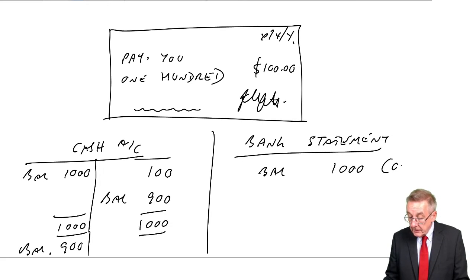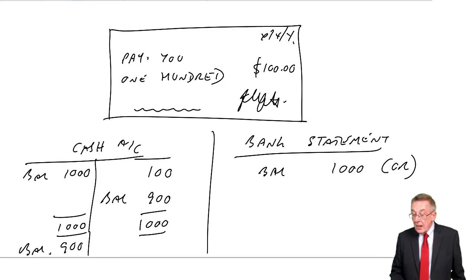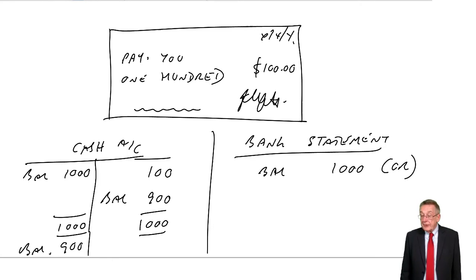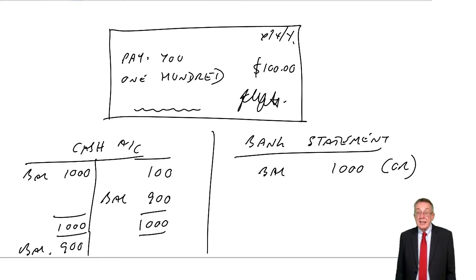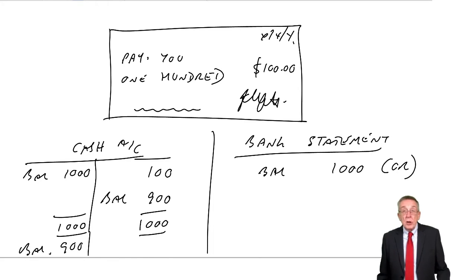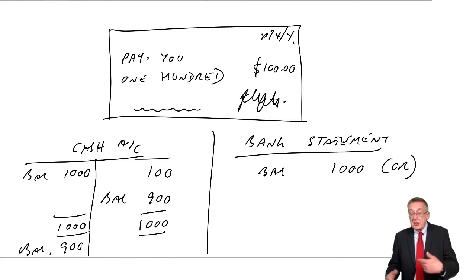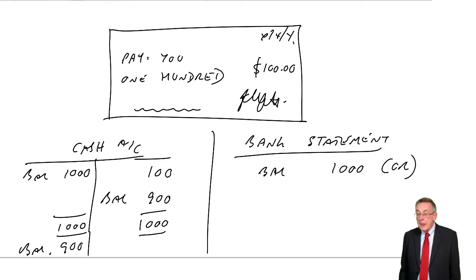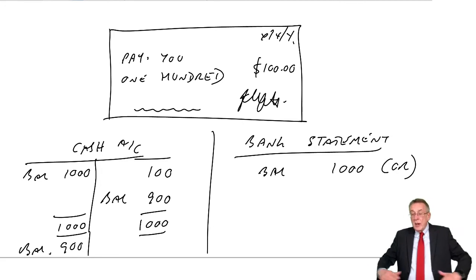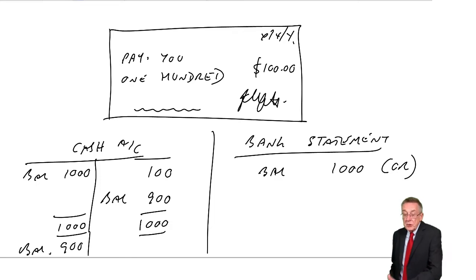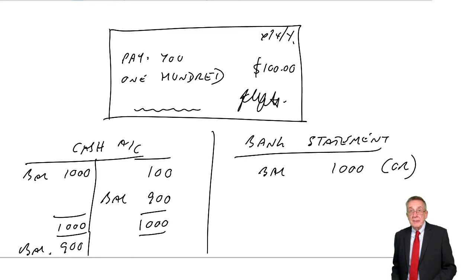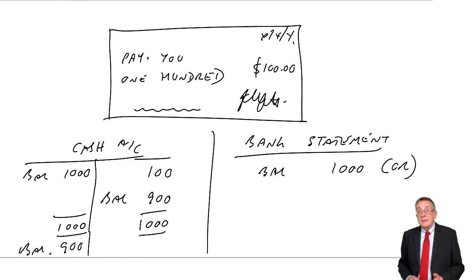Remember, it would show a credit balance. 100 is going to leave the account, and it will go down to 900. But for all the reasons I said, you know, the time the cheque's in the post and so on, maybe for a whole week, the bank statement will still show 1,000, even though I've only got 900 left to spend.